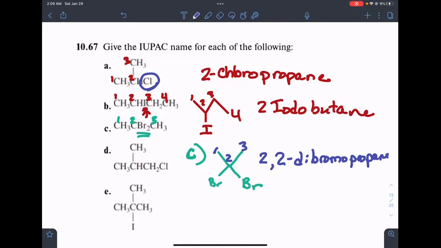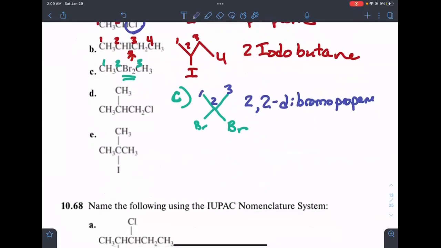Okay. All right, D. Running out of space. Okay, D. So I'm going to look for my longest main chain. And I see that this is a chlorine. So got to think about this. I'm going to go 1, 2, 3. Or no, actually, I think I want to go 1, 2, 3.